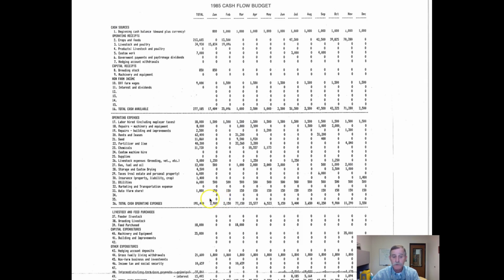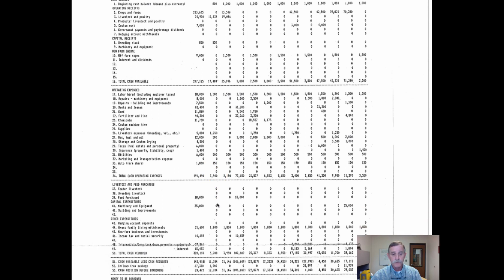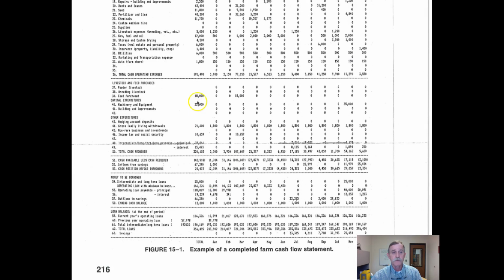Total cash operating expenses $3,900. So far, we're like the veterinarian or the doctor. We're diagnosing the patient. So far, everything looks okay. We've got $17,484 to run the business for this period. We just spent $3,900. All right, let's move on down.